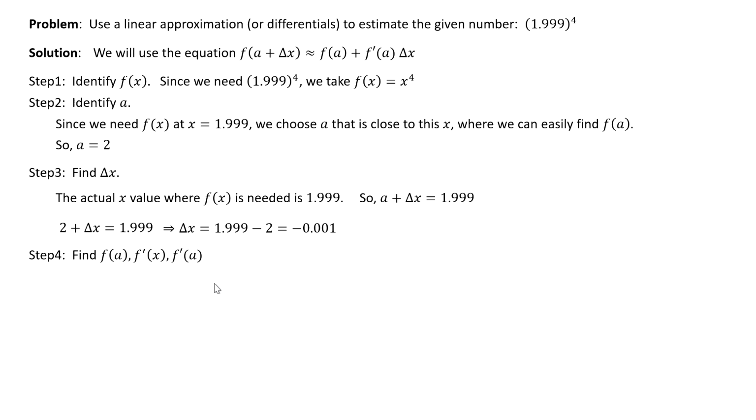You cannot say, I'll find f prime of a by differentiating f of a. Wrong. F prime of a is not the derivative of f of a. Instead, f prime of a is f prime of x evaluated at a. That's a key distinction.